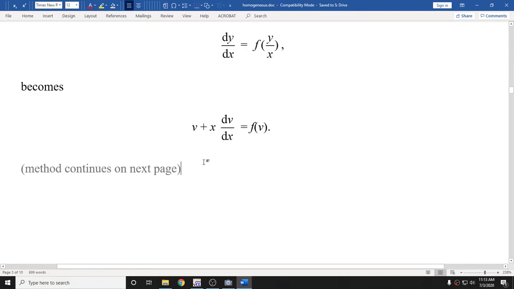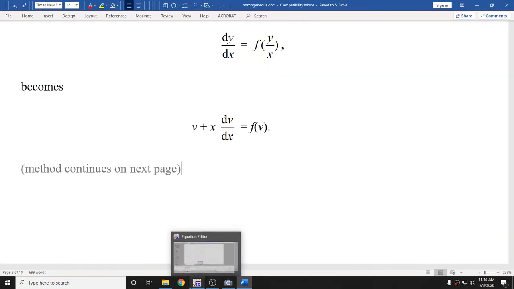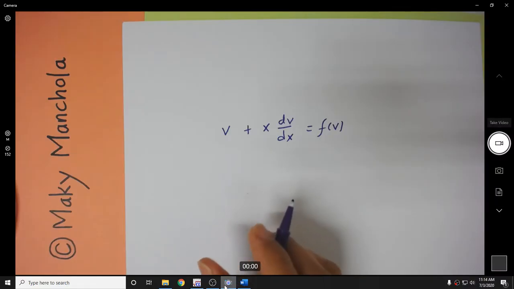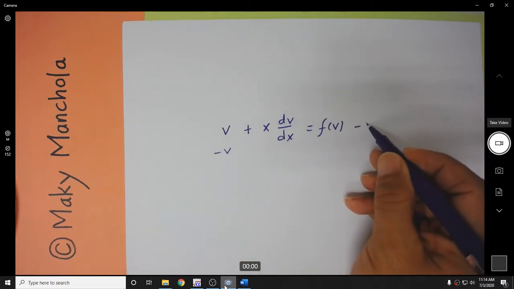Let's carry out these steps here on the camera. So you have v plus x dv dx equals f of v. So we are going to show the separation. First we subtract v on both sides.